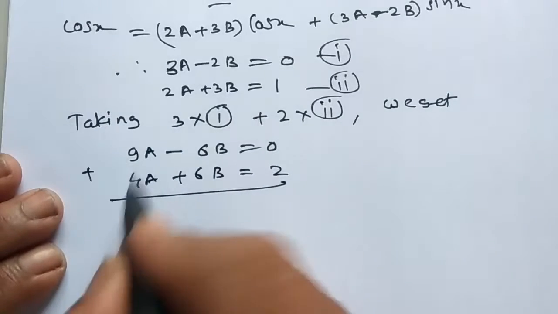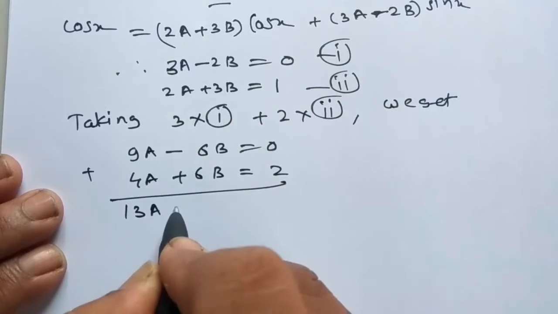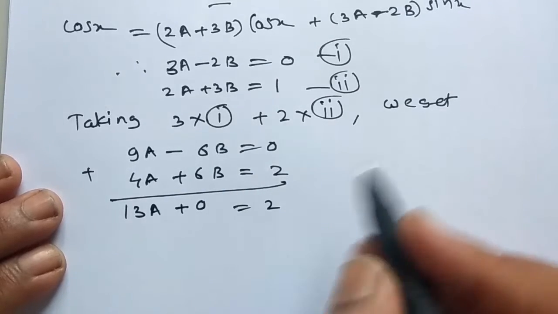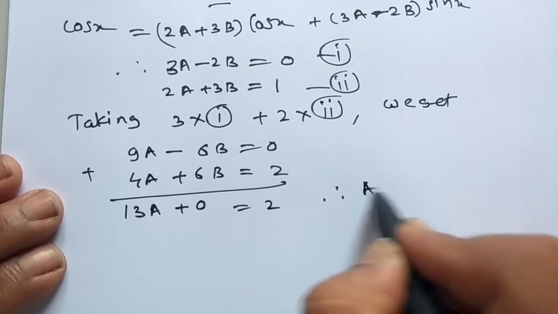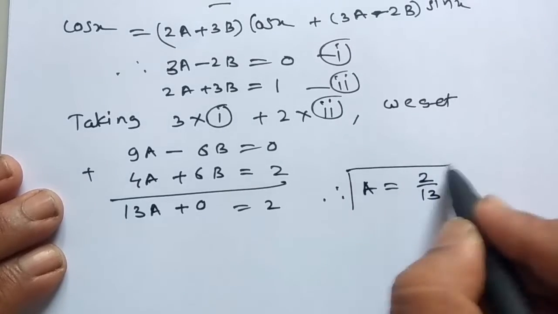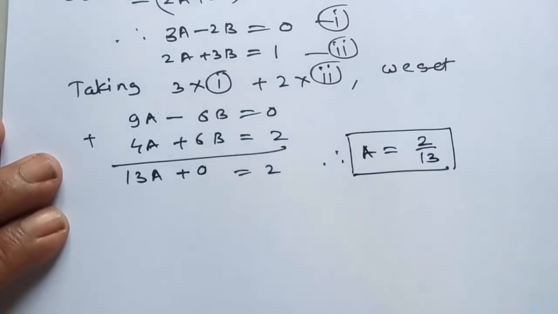Adding, it is 13a plus 0 equal to 2, and therefore a is equal to 2 upon 13. So this is the value of a.